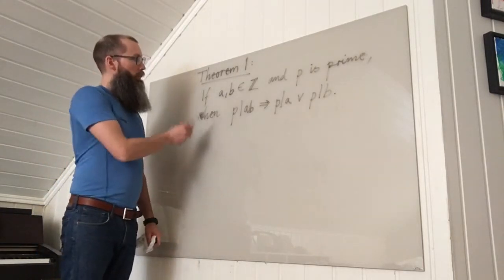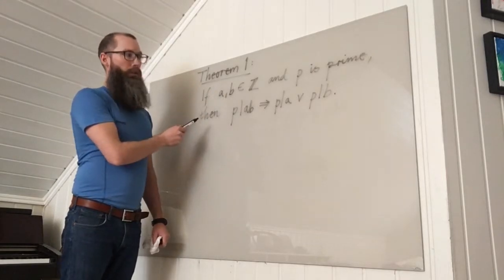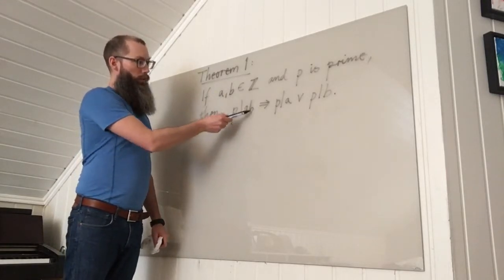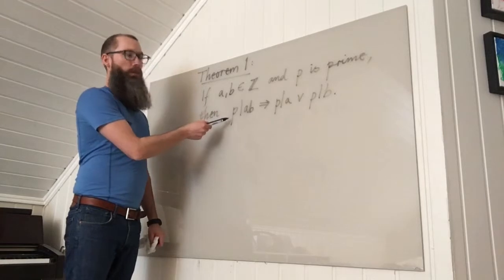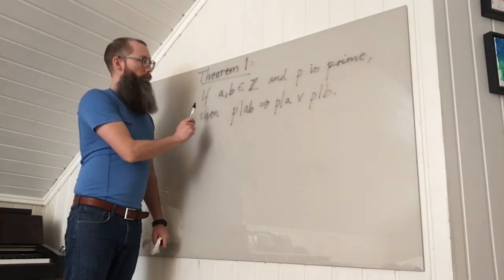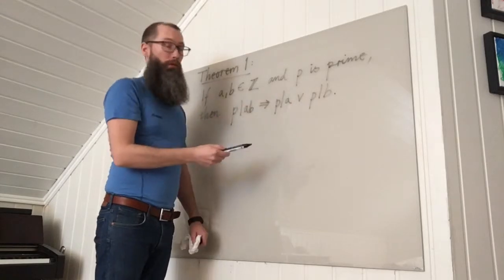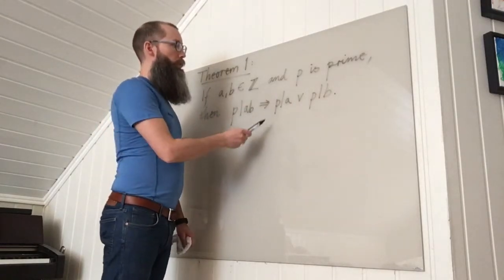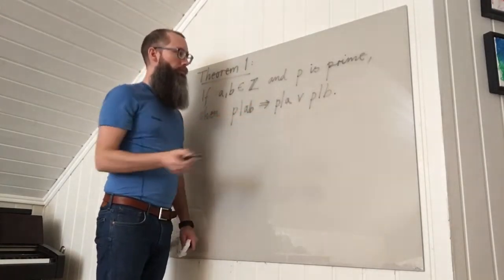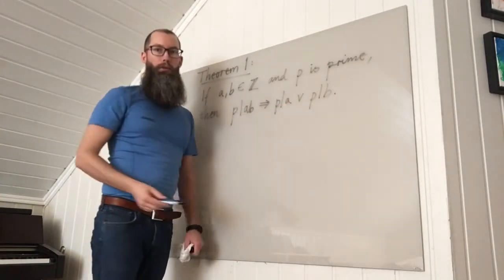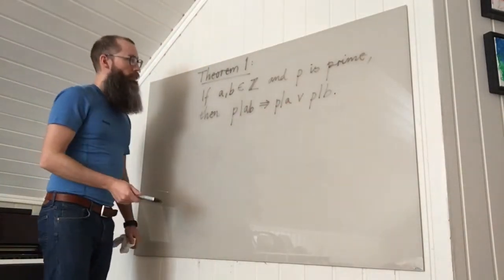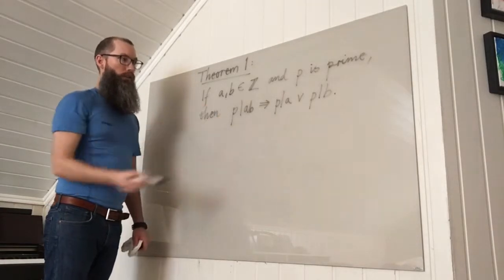Well, first, if a or b is 0, then the product is going to be 0 and p is going to divide it. But then either a or b or both is 0, so p divides either a or b or both. So the case where the product is 0 is clear.